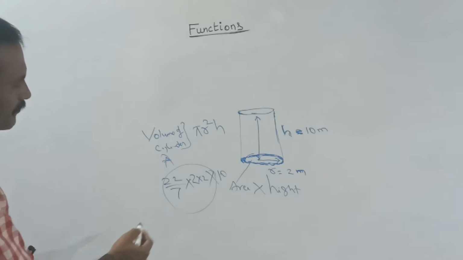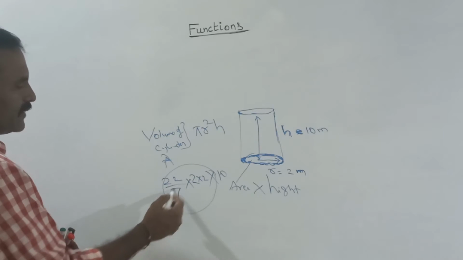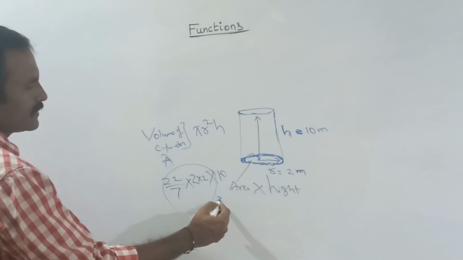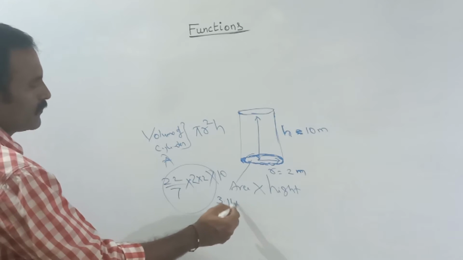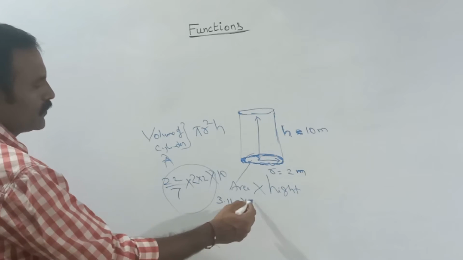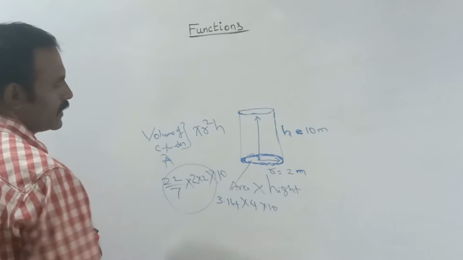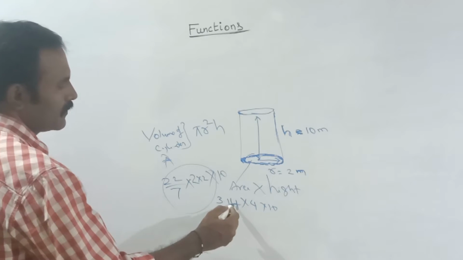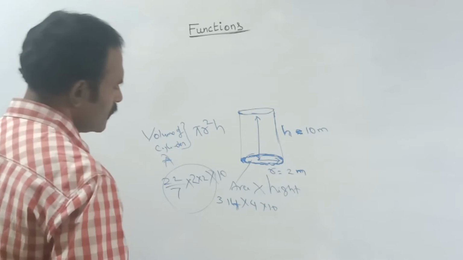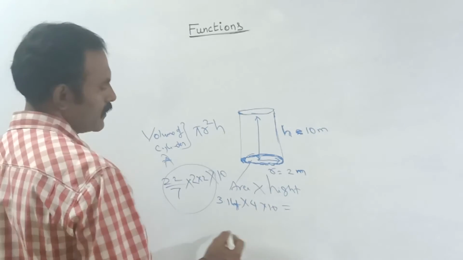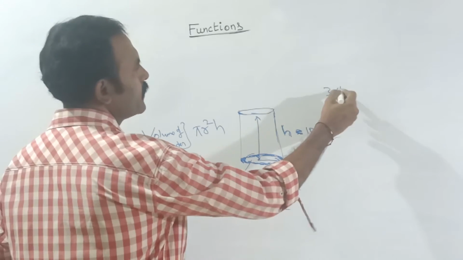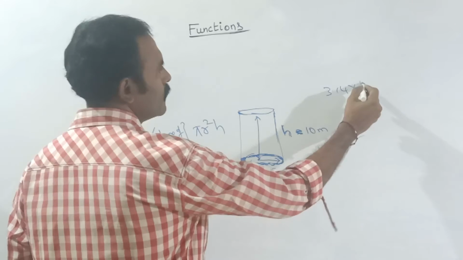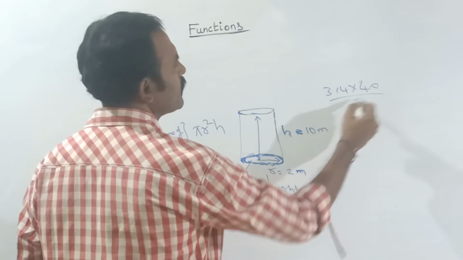So the approximate value of 22 by 7 is 3.14. 3.14 into 2 into 2, 4, into 10, that is 3.14 into 40.